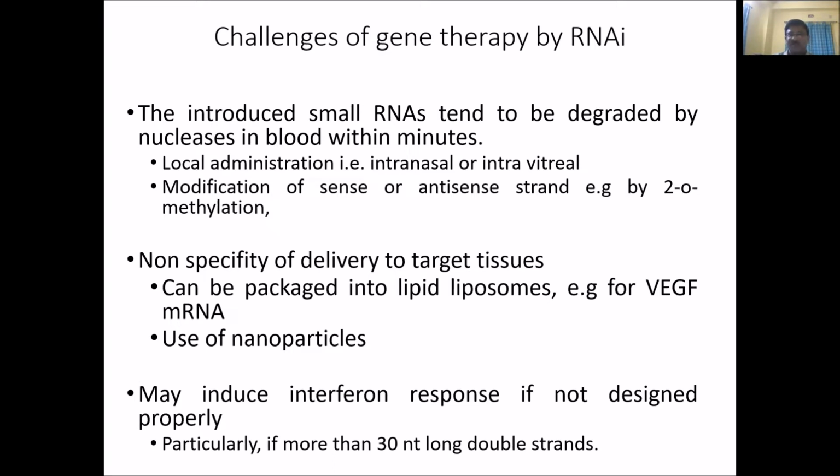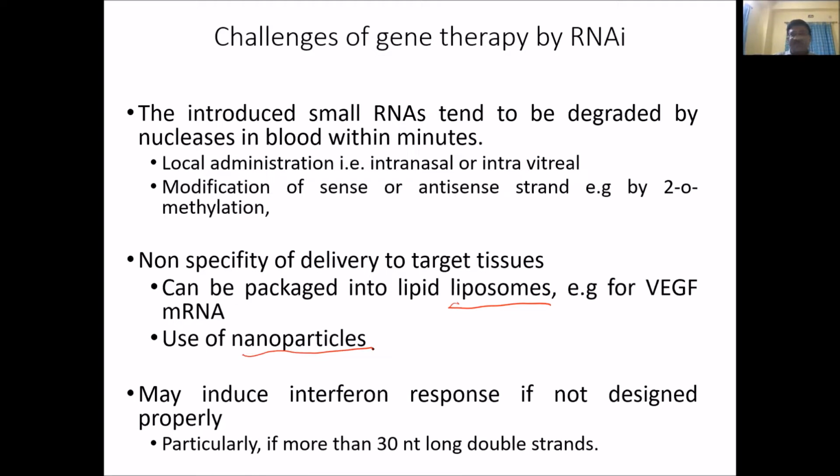For example, for the vascular endothelial growth factor mRNA, if you target against the VEGF mRNA, this is a very successful mode of transmission. Package them into liposomes and use nanoparticles. You tag these liposomes and nanoparticles with specific antibodies, and then you can see that they will reach their target cells. So this is the use of liposomes and nanoparticles.